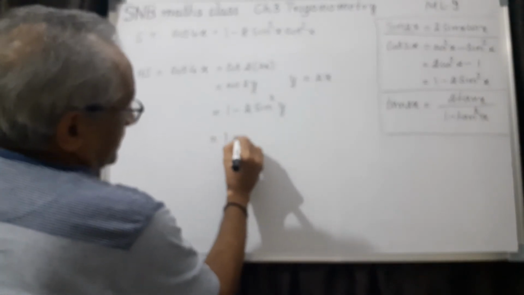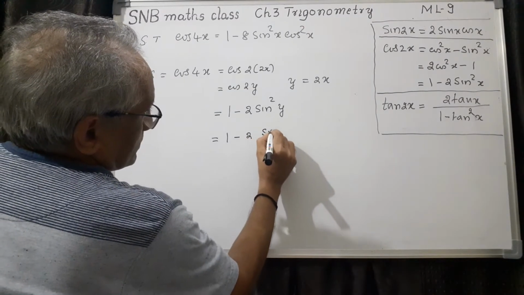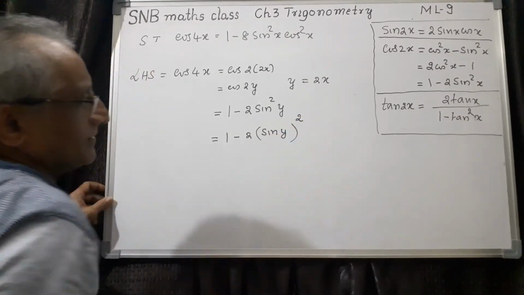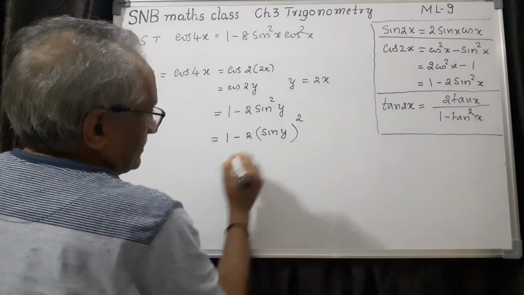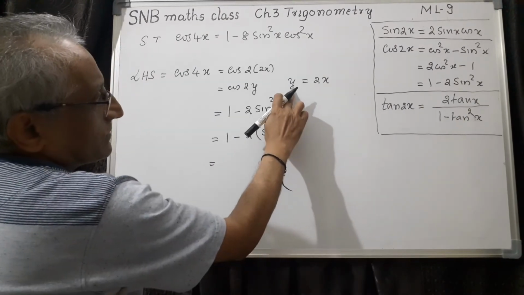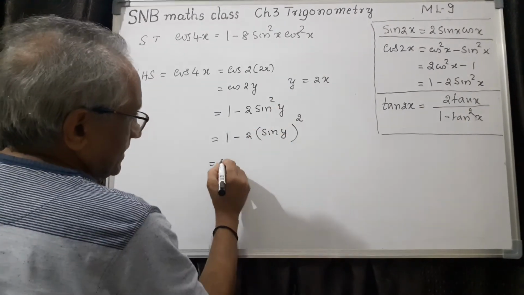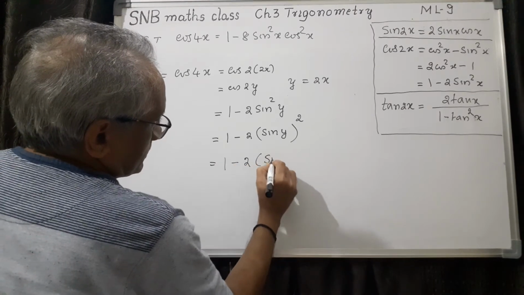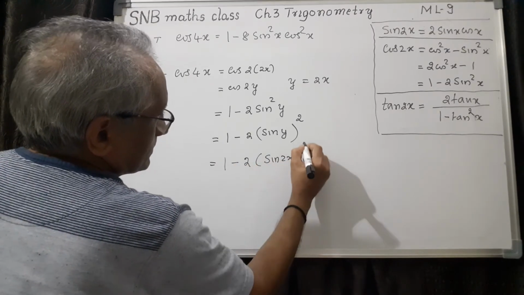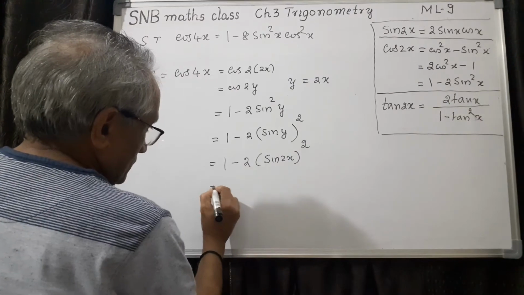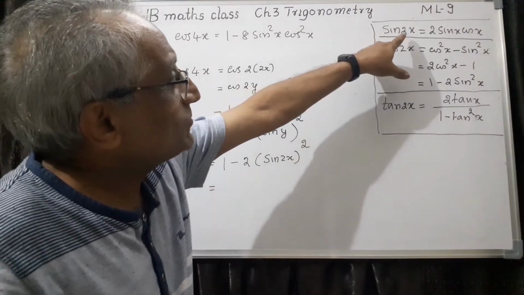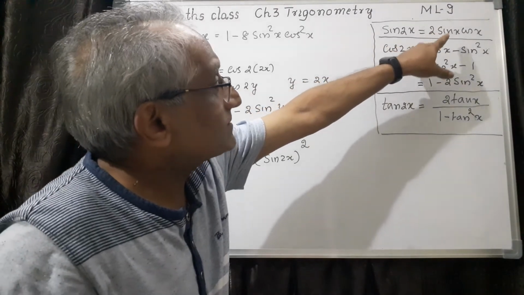Now this is equal to 1 minus 2 sin y whole square. So what is y? Use the condition now, y equal to 2x. Therefore, I can write it as 1 minus 2 sin 2x whole square. Here you have to use both formulas. Sin 2x is 2 sin x cos x.